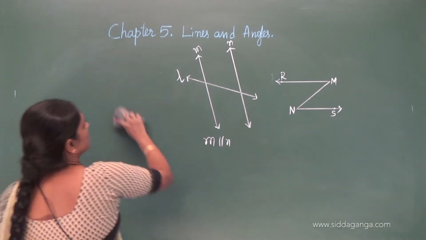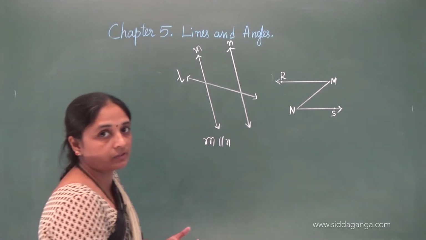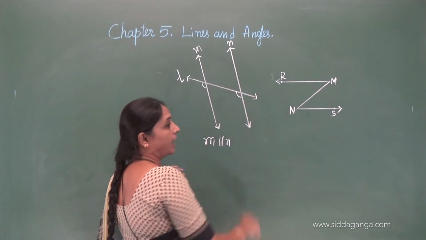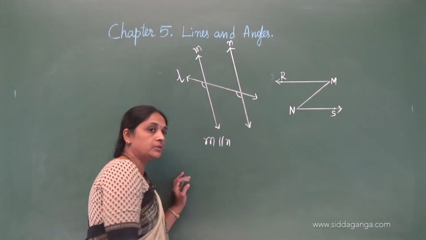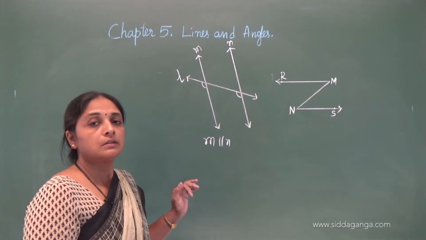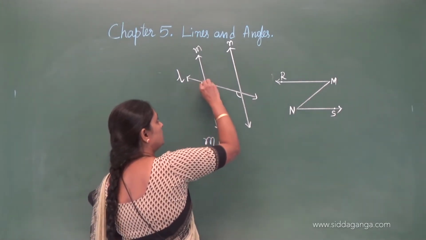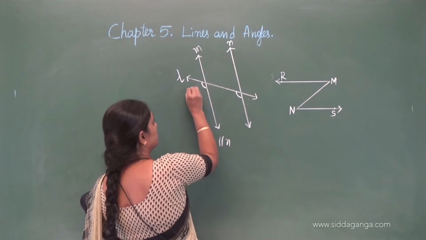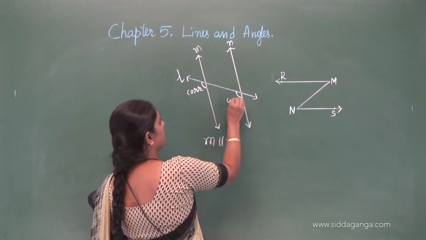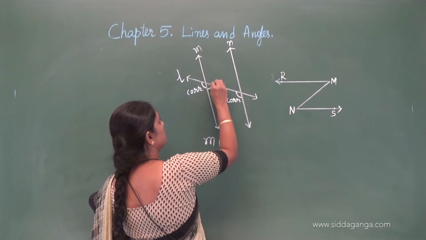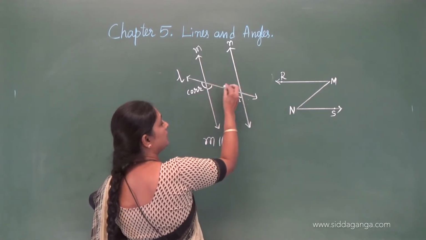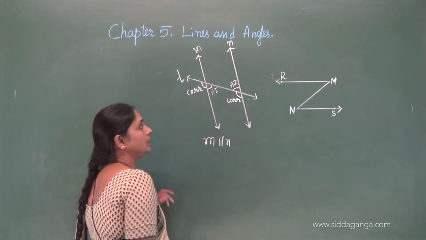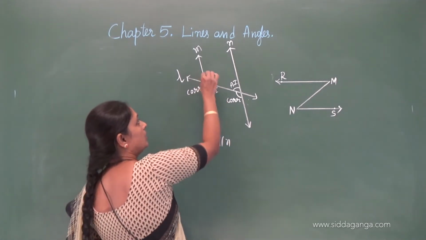When this transversal cuts two parallel lines, it makes some angles. Can we list those angles? Yes, we can. These are the corresponding angles. They are equal; we have seen one example for this. These are corresponding angles, and these are the alternate interior angles. And what are these?